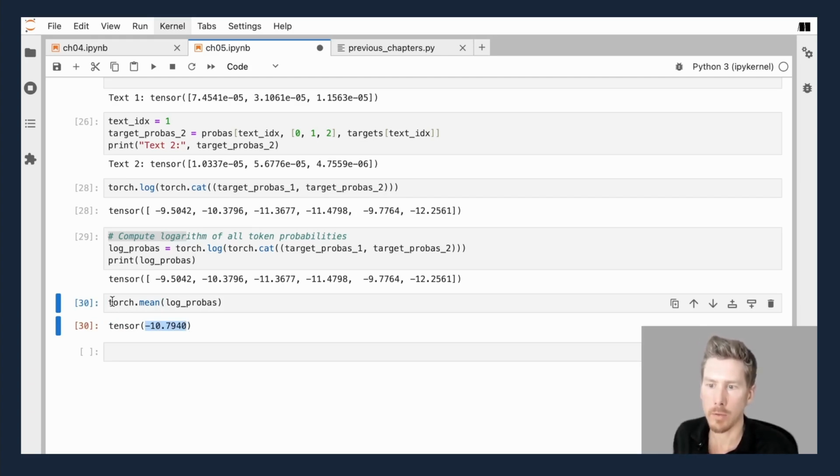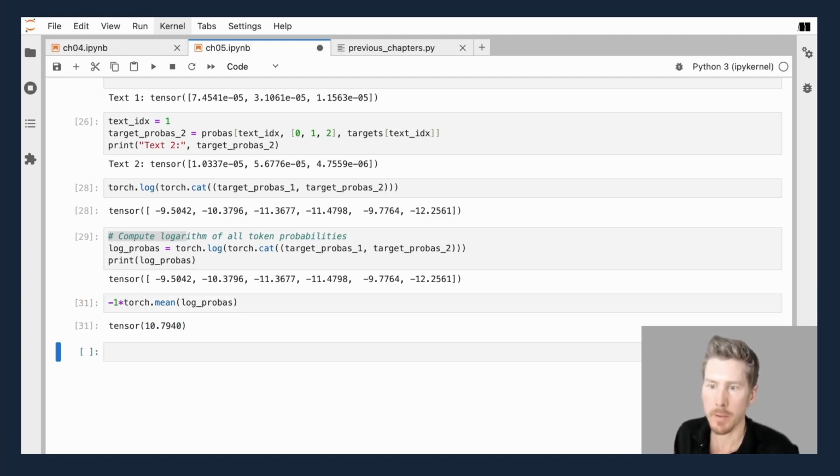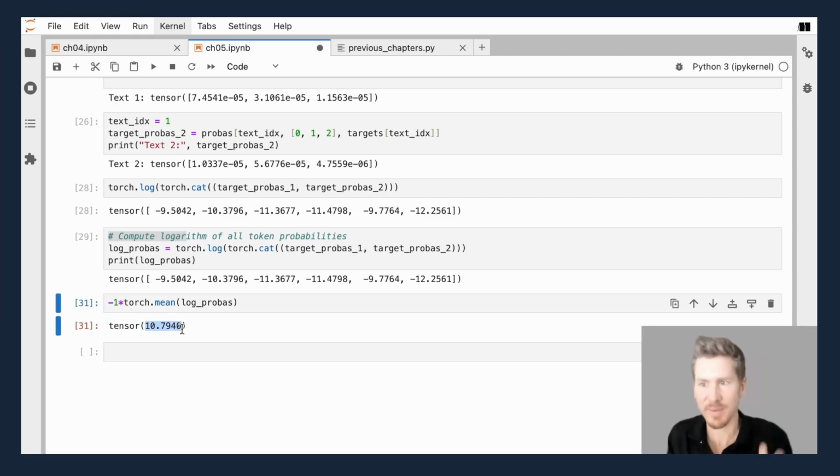Then we can multiply this by -1 to get a positive number. It took us a long way to get here, but this is the so-called cross entropy loss. During training, our goal is to make this close to zero. We want to get this number very close to zero.